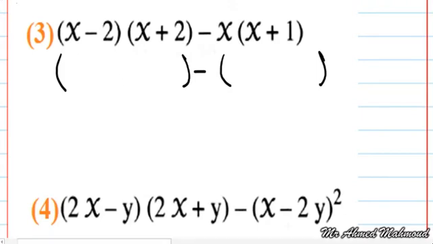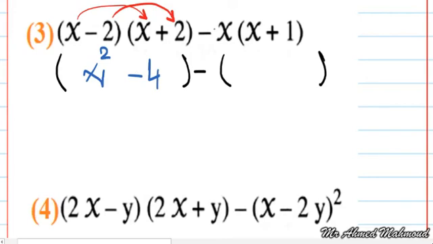X minus 2 times x plus 2, this is a special case. Then I'm going to multiply x by x and 2 by 2. It will be x times x equal x to the power of 2. Negative 2 times positive 2 equals negative 4. Don't forget, this is a special case.